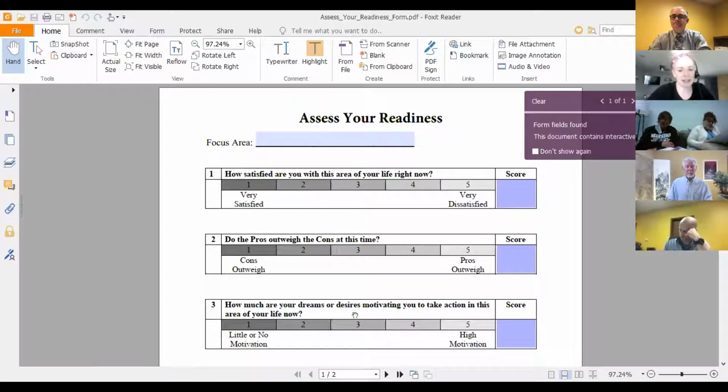Third question. This is like the alignment question. I think, Dr. Yonke, you said it really well when you said that your intention is internal and the goal is external. And so if you're wanting to change something, but it's not aligned with that internal desire, then you're probably not going to feel very motivated to actually do it.